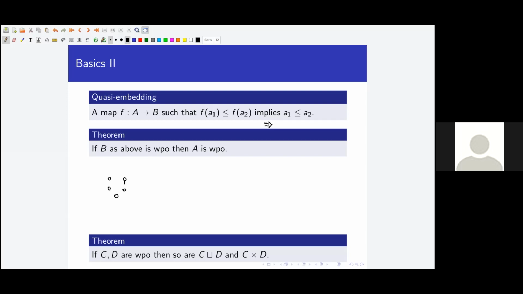But if I wanted to give an example of what this is for, I would draw one partial ordering called A, and a second one called B. And how do you define a quasi-embedding from A to B?